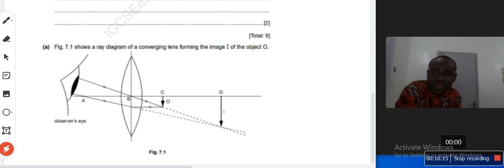Now this question says this figure shows a ray diagram of a converging lens forming the image I of the object O. Of course this image is virtual because the rays do not actually get to where the image is formed.